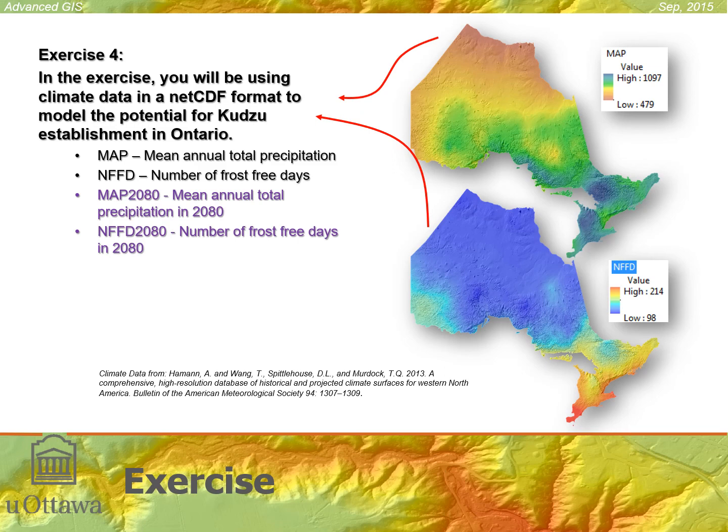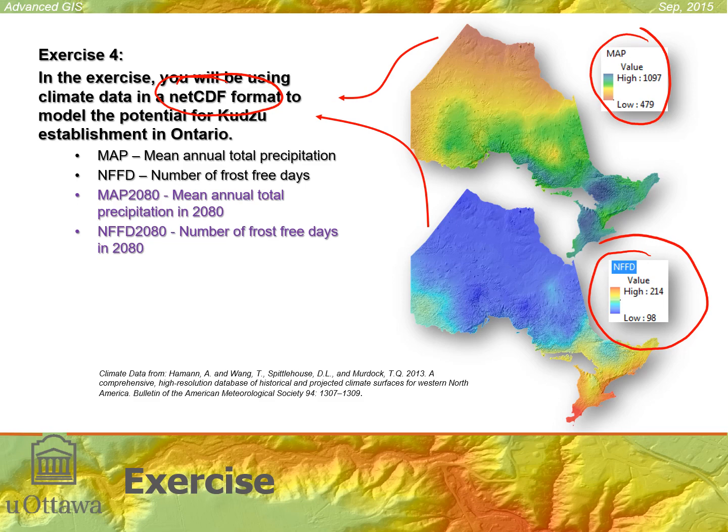So in the exercise 4, what you'll be doing is using climate data in what's called a net CDF format to model the potential for kudzu establishment in Ontario. You'll be able to extract MAP, which is the mean annual precipitation, and NFFD, the number of frost-free days. As well as you will produce your own layer showing where kudzu is, and it tells you where to put that kudzu observation in the exercise.